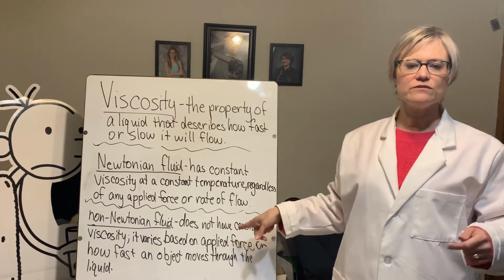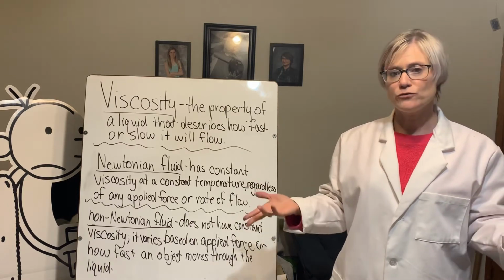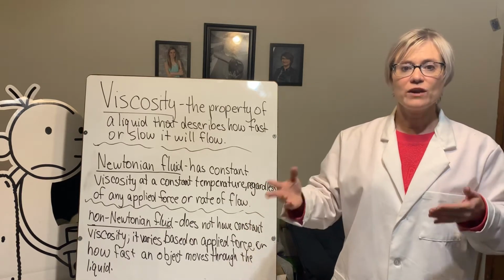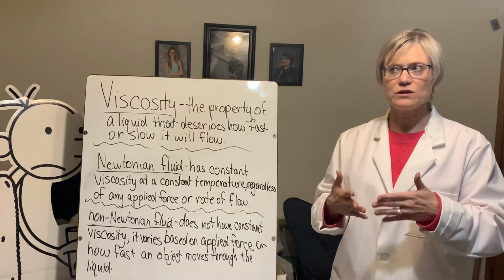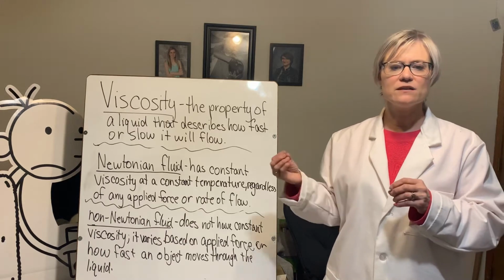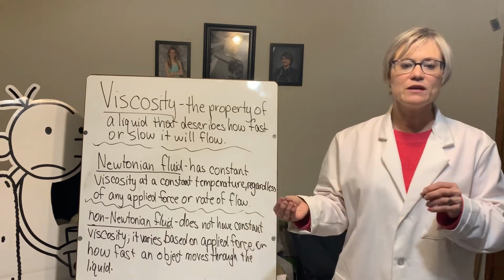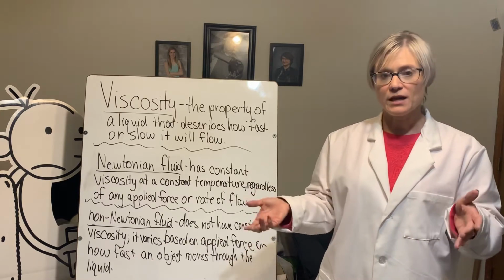Well, a non-Newtonian fluid is one where the viscosity varies depending on the force applied to it and the rate of flow or the objects moving through it. So how fast an object will move through it. So depending on the exact non-Newtonian fluid, it may become more or less viscous when a force is applied.